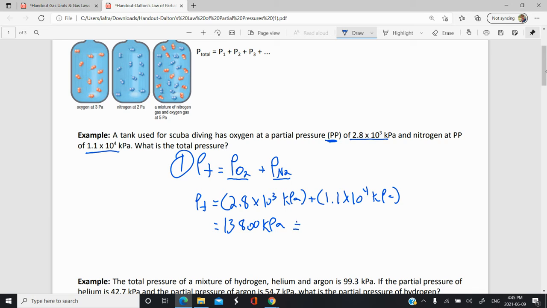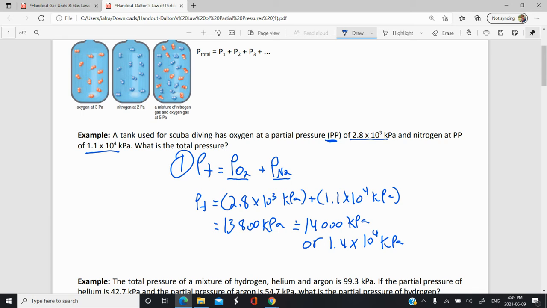So that's approximately 14,000, or you could write 1.4 times 10 to the power of 4 kPa. Do not forget those units. There's how you would calculate total pressure from the partial pressures provided to you.